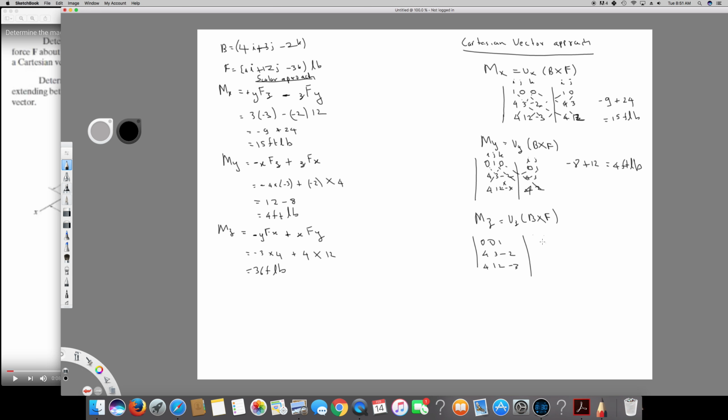I have to write it on the top, but it's okay, even if you write, if you understand, it's okay. 0 0 ij 4 3 4 12, right? These are my ij values.